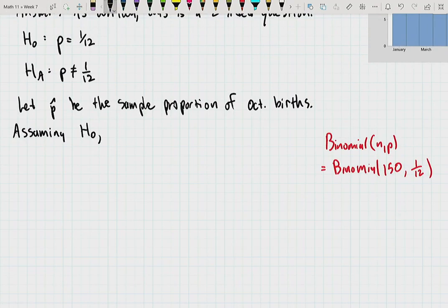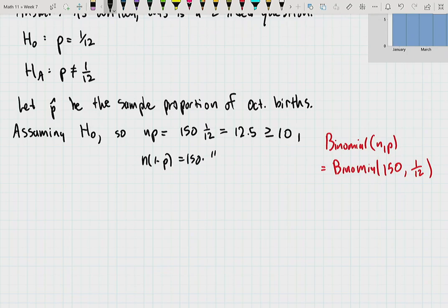Assuming the null hypothesis is true, np is 150 times 1/12, which is 12.5. That is greater than or equal to 10. And n times 1 minus p is 150 times 11 over 12. That's also greater than or equal to 10. So the normal approximation is appropriate.